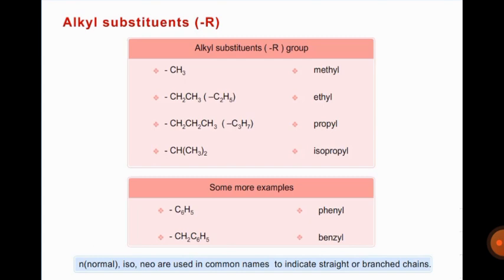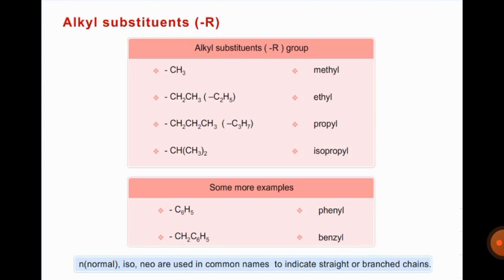If it is a butyl group, it can have four different names. If it is a straight chain, it is called normal, as the carbon atoms are in a queue. If it is one carbon atom attached to another carbon atom, from which two more methyl groups are attached, then it is called isobutyl.